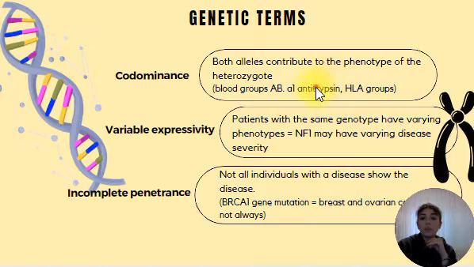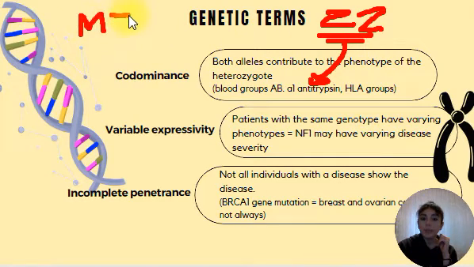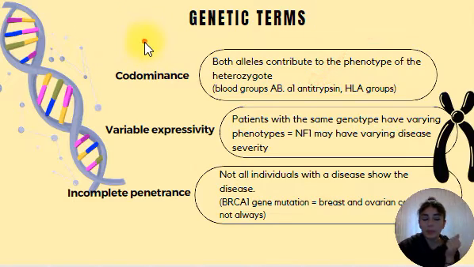So when we talk about genetics, it's ZZ, which is responsible for development of this disease, right? But when you have MZ, you don't necessarily have the disease. You have a susceptibility to developing the disease.